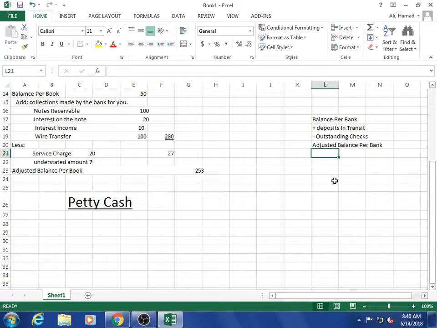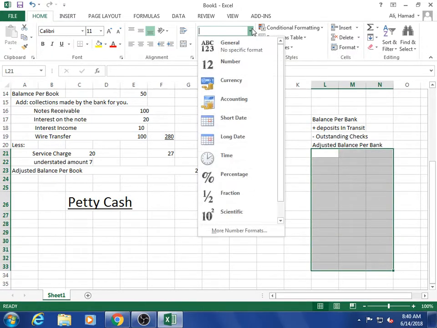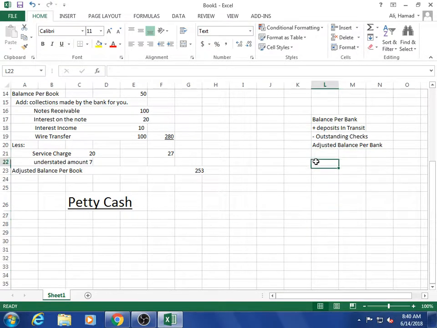So you're going to say balance. I go down in here. Let me just do all of these as text. Balance per books, plus what?